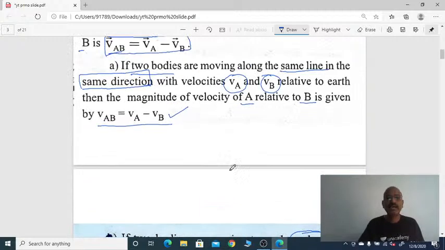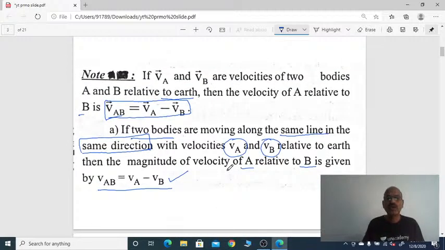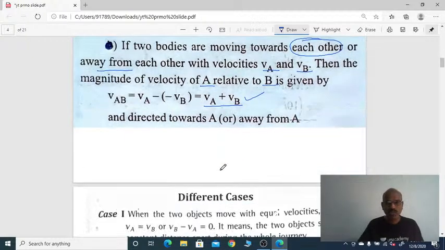Previous one, just to remind, if the two bodies moving with the velocities VA and VB move in the same direction, then VAB equal to VA minus VB. If the two bodies move with velocities in opposite direction or move away from each other, then velocity of first body minus velocity of other body in opposite direction, that is why negative sign.